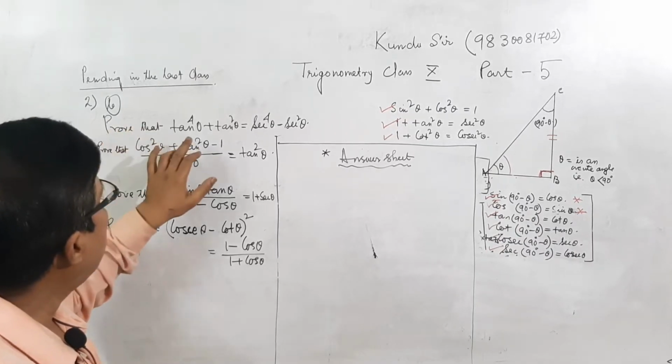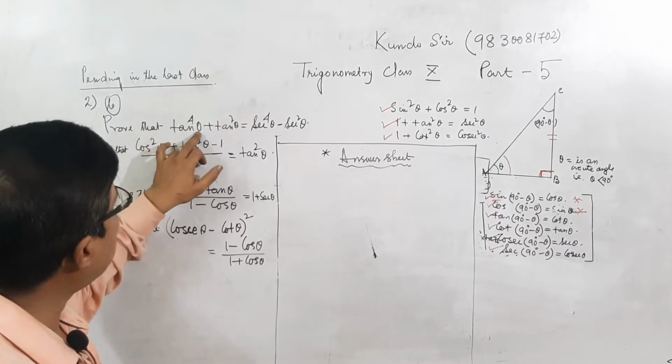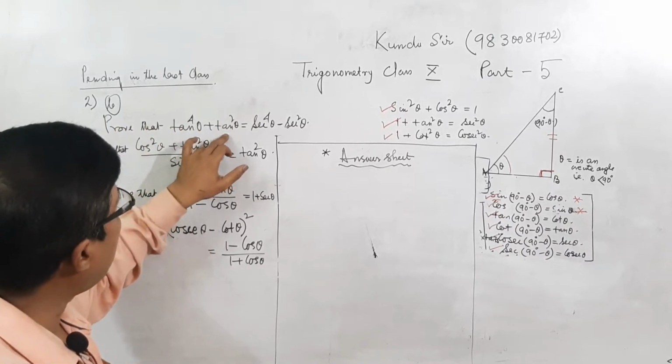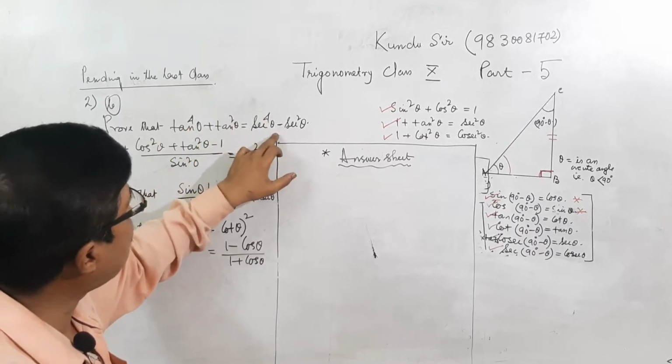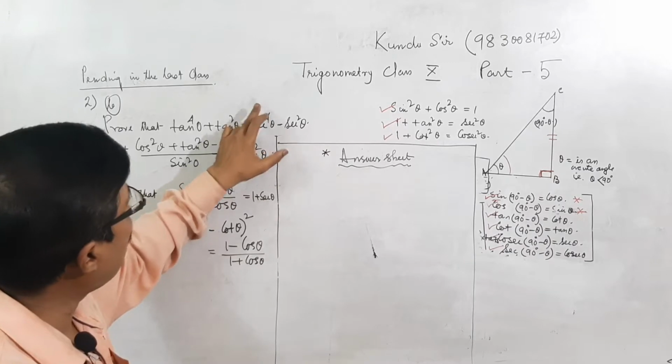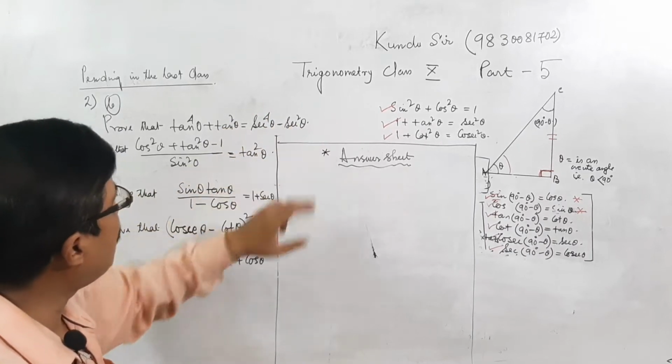Prove that tan to the power 4 theta plus tan square theta equals sec to the power 4 theta minus sec square theta.